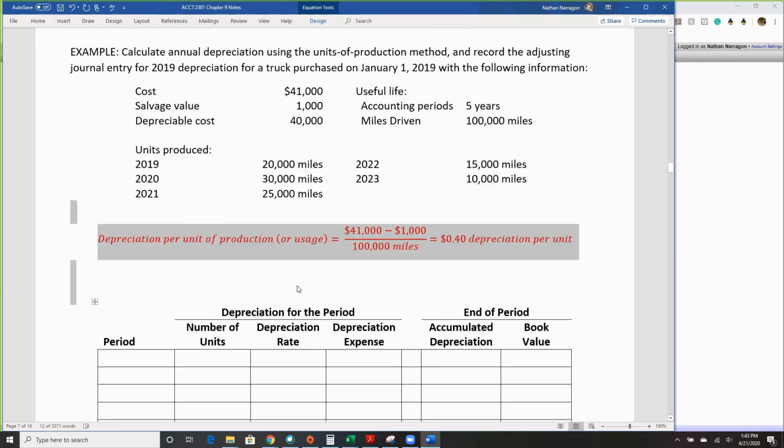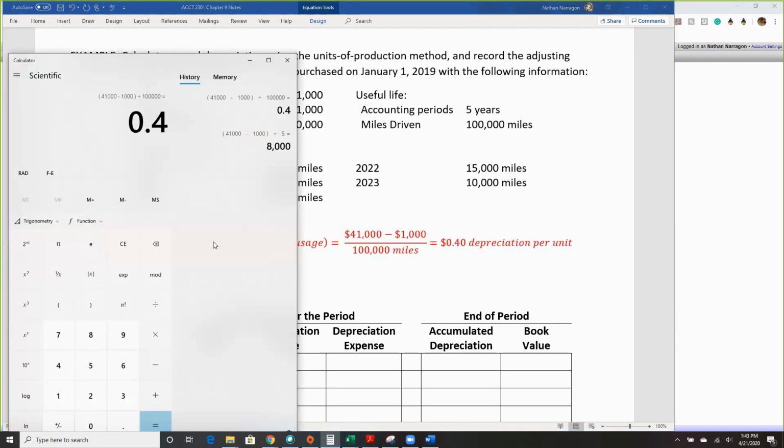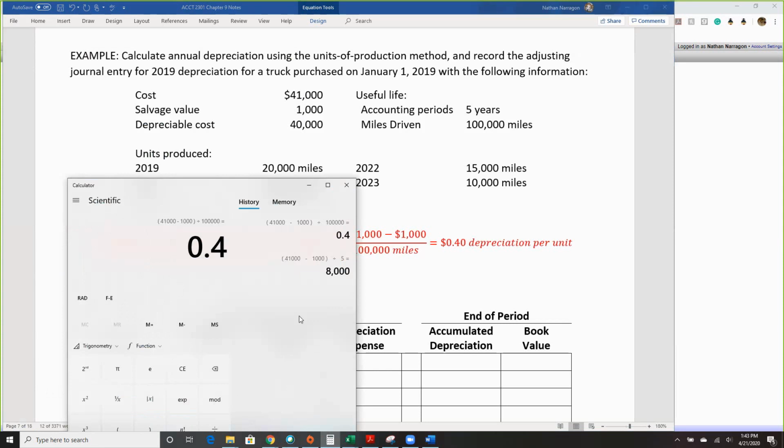So 40 cents per basically mile or per unit, which miles is a unit. And basically, from there, I want to compute, let's say 2019. 2019 we did 20,000 miles. I'll take that 20,000 and times it by 40 cents. And that will tell me that my depreciation expense is $8,000 for that year.